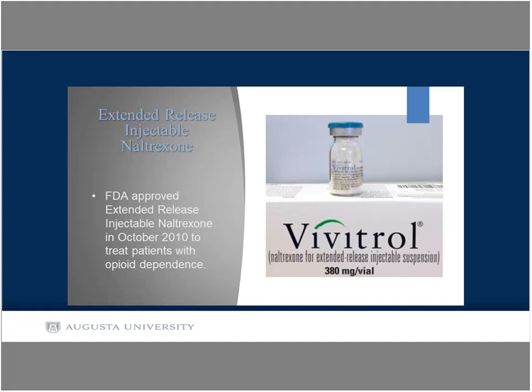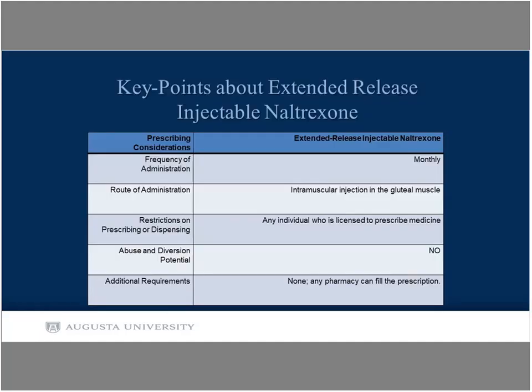Extended-release naltrexone is another option. The trade name for that is Vivitrol, and essentially it's a once-monthly injection that was approved by the FDA in 2010. Key points about injectable naltrexone: it's administered monthly, and it can be administered by any individual who's licensed to prescribe medicine. So unlike buprenorphine, you don't have to go through additional training.